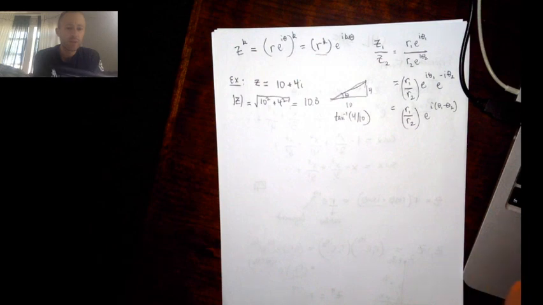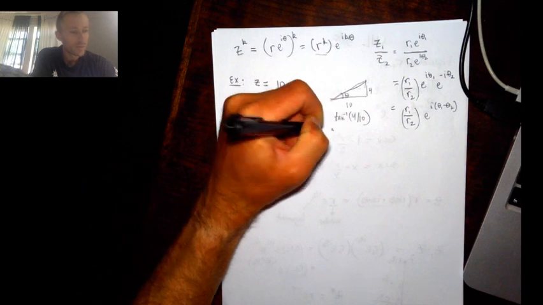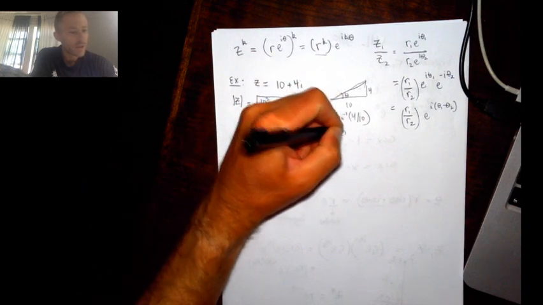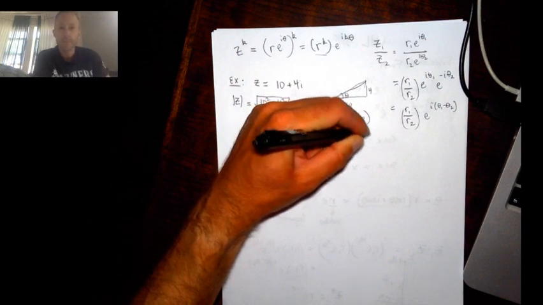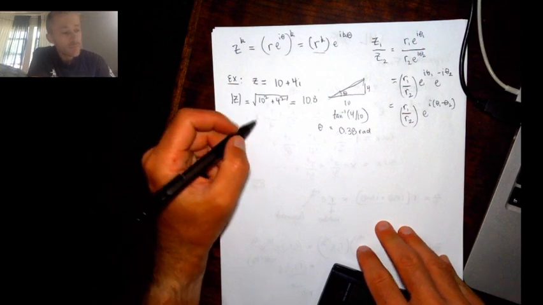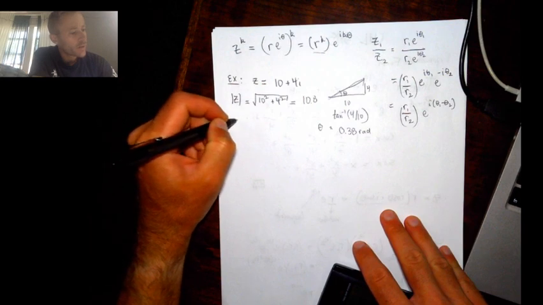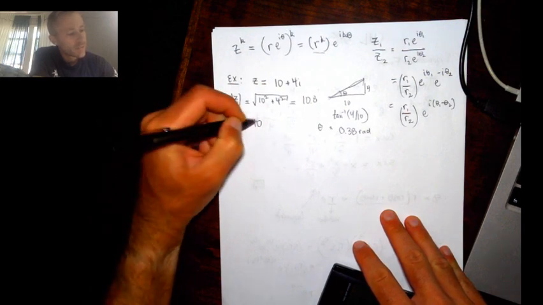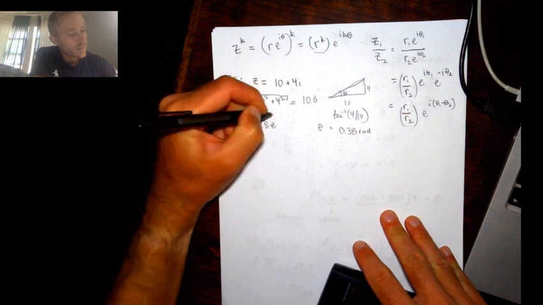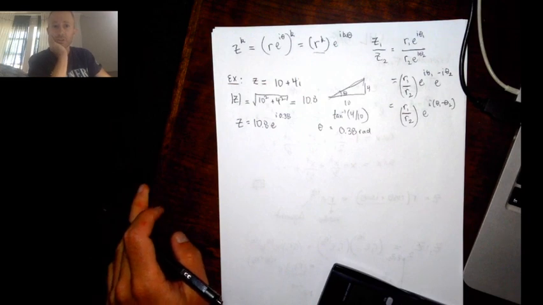So 21.8 degrees times pi over 180 gives me theta equals 0.38 radians. So we could write this complex number as 10.8 e to the i 0.38. That would be converting it into exponential form.